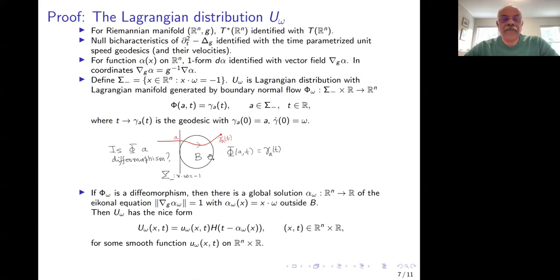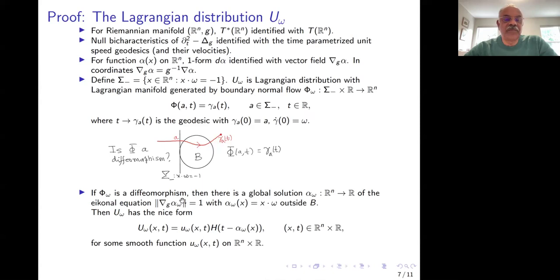But inside, what alpha is, it's not clear. But this happens only when phi_omega is a diffeomorphism. And when this happens, then u_omega has a really nice form. You can write it in this progressing wave form: some smooth function, which is actually a solution of the same wave equation, times the Heaviside function H(t - alpha_omega), where alpha_omega is the solution of the eikonal equation.